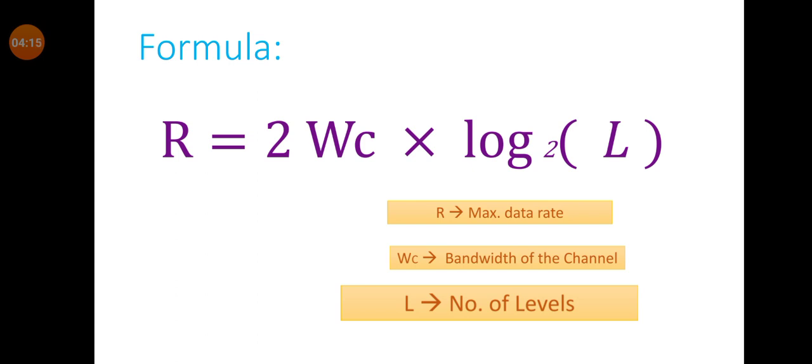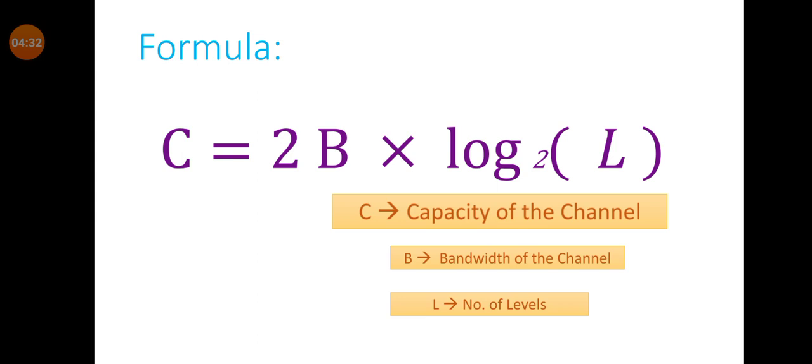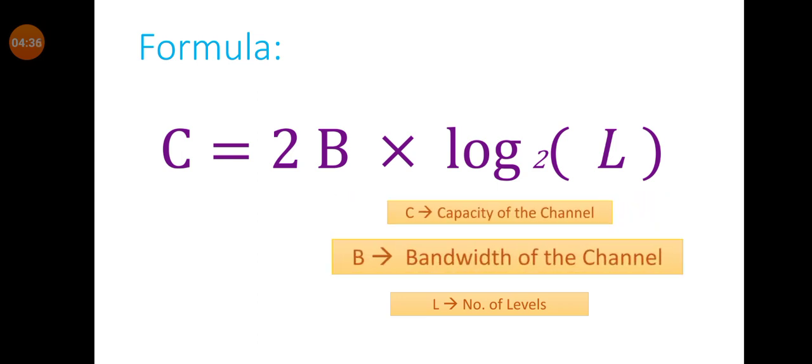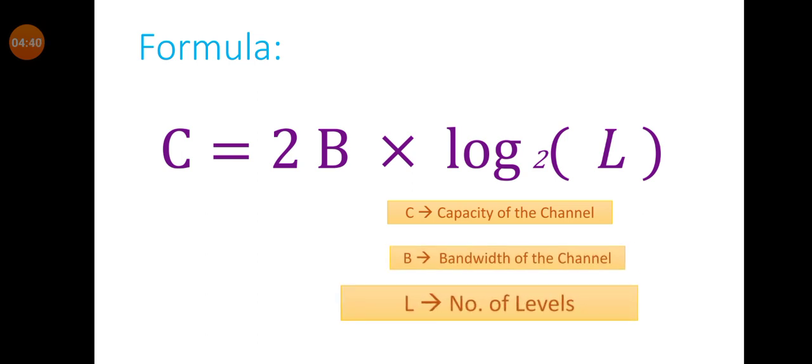So using this theorem we can also form another formula, that is C equal to 2B into log of L to the base 2. So here C represents capacity of the channel, B represents bandwidth of the channel, L represents number of levels.